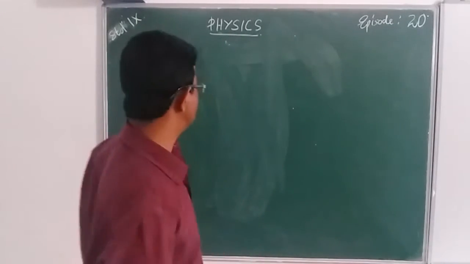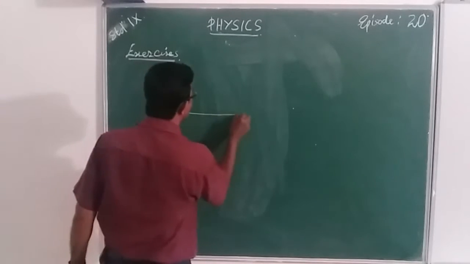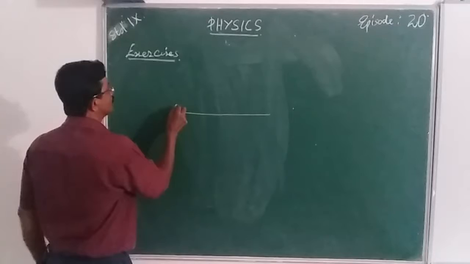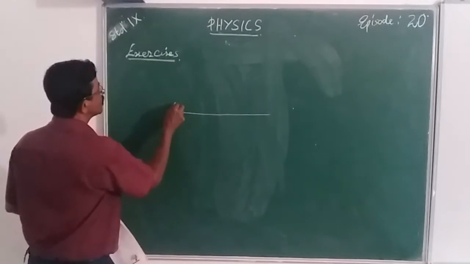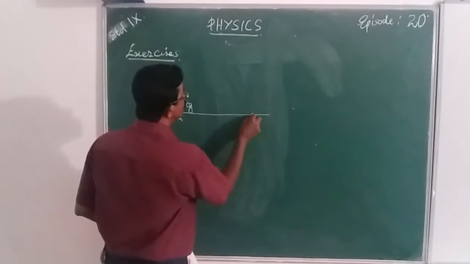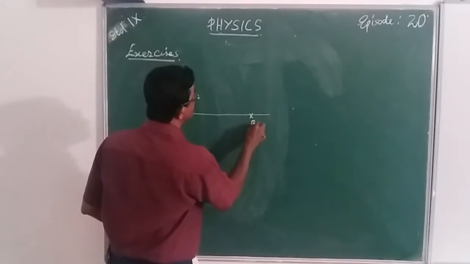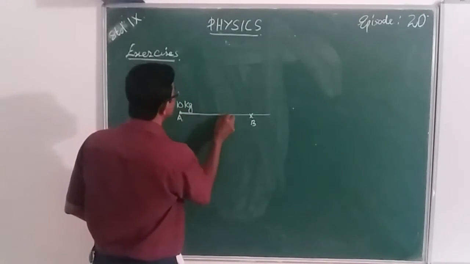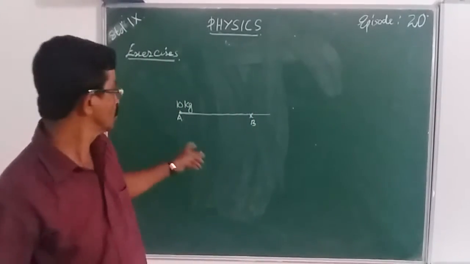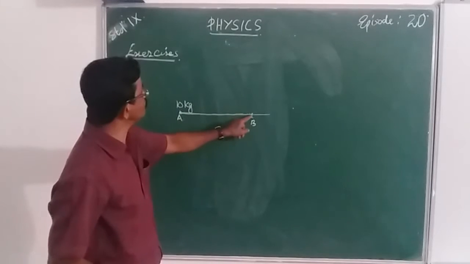That means, suppose here is the point A. Here a body of mass 10 kg is placed and it is moved to another point B.